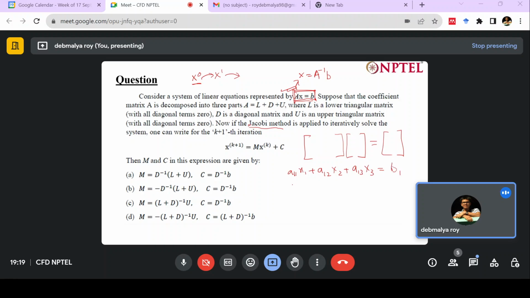So this is one equation, this is my second equation, this is the third equation.